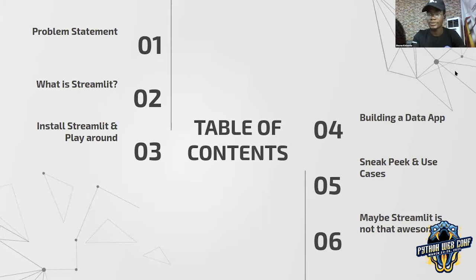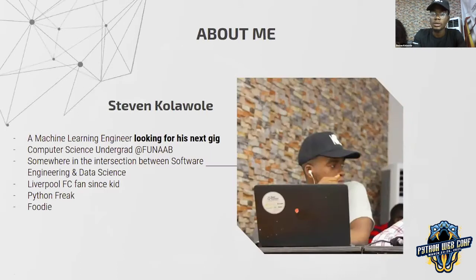We'll also build a data app right now, and I'm going to walk you through the process of how to make use of Streamlit. And then we'll also have a sneak peek at the different use cases, different apps that have already been built with Streamlit. And finally, we'll be discussing the cons of Streamlit and why Streamlit might not be the ultimate solution to all data apps problem.